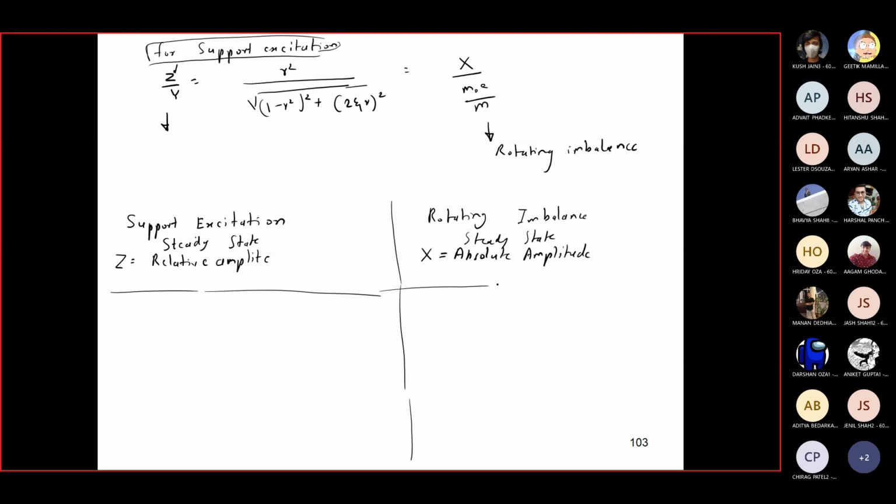And second point, what is Y here? And what is M0E? Right? So support excitation is what we are assuming, that there is some kind of a sinusoidal profile and some vehicle is moving on it. Okay.